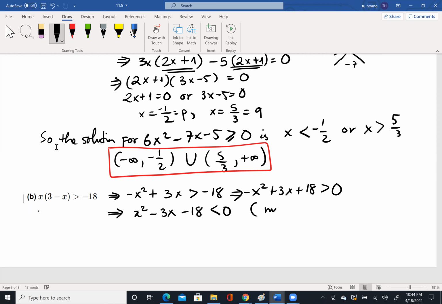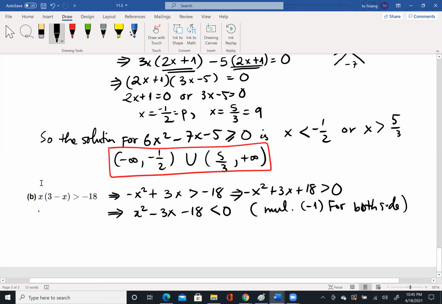Since it's multiplied by negative 1 on both sides of the inequality, the direction of the inequality is going to change from greater than to less than. Now you have the quadratic form already.